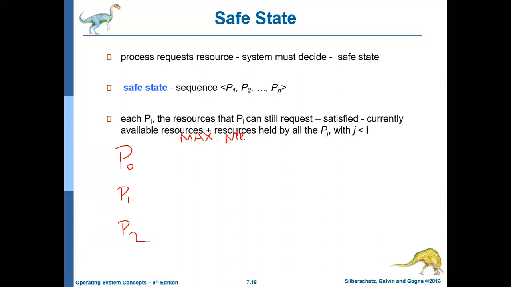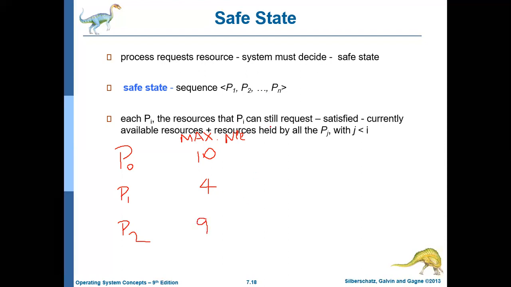Process P0 may require 10 instances of tape drives, process P1 may require a maximum of 4 instances of tape drives, and process P2 may require a maximum of 9 instances of tape drives.